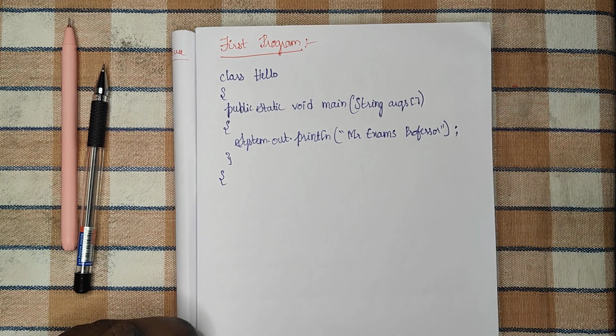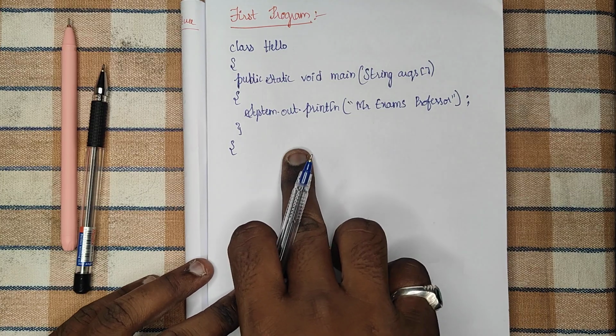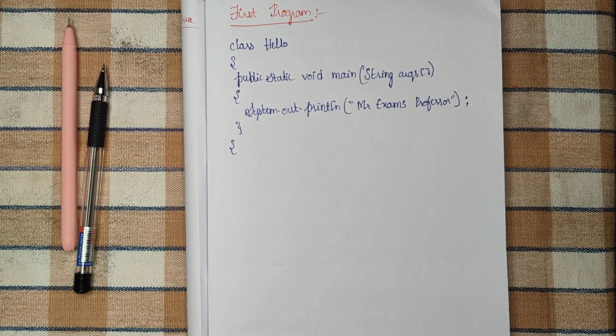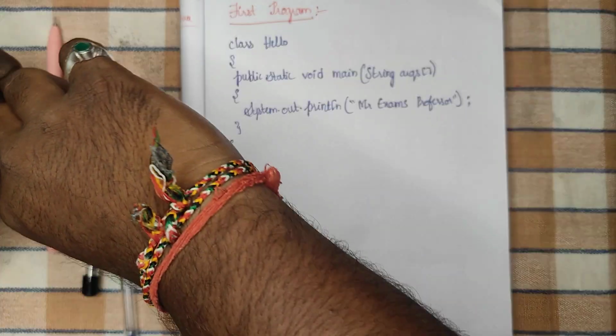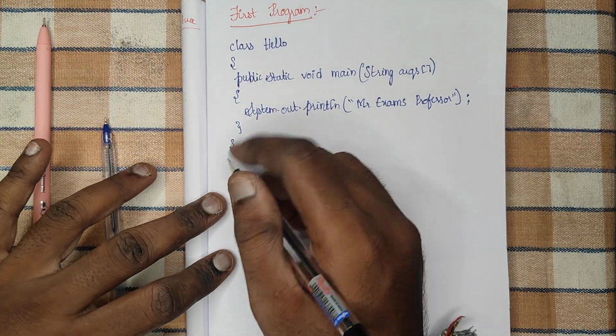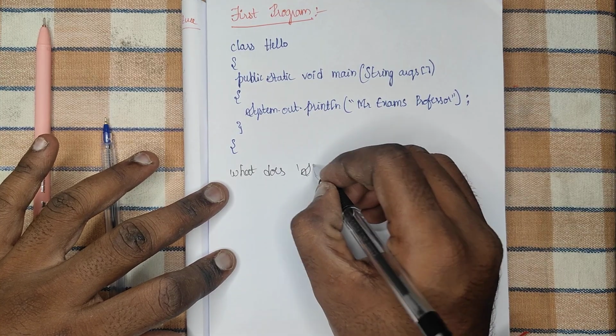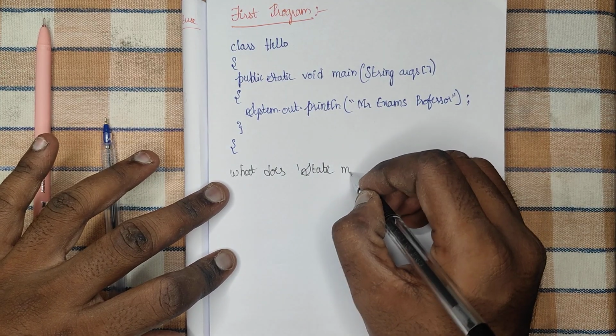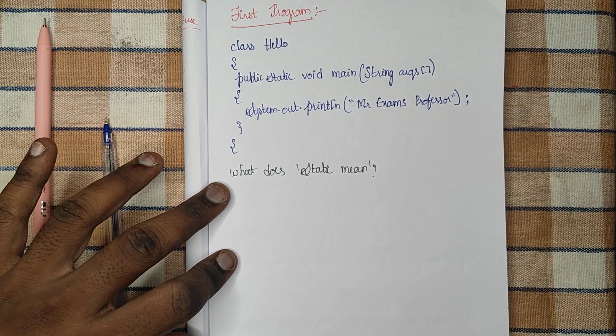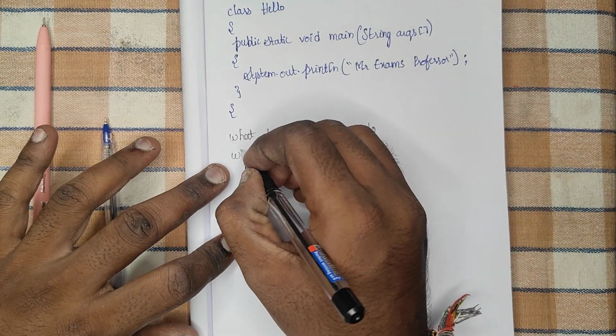So what are we going to understand from this program? You guys have seen this program before, maybe in the lessons. But if I ask some specific questions here: what does static mean? What does void mean?